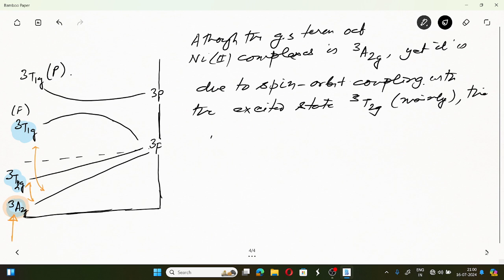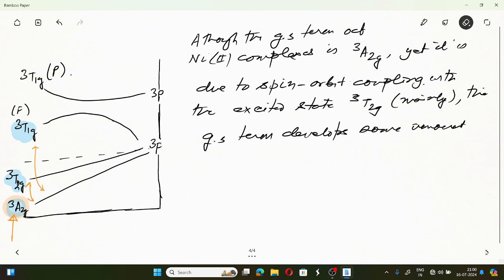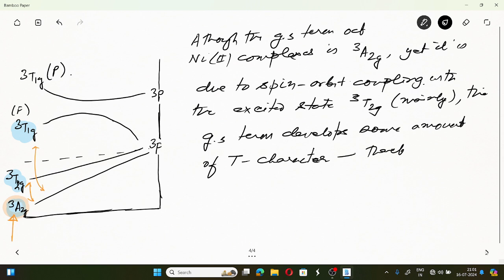The ground state term develops some amount of capital T character, thereby accounting for mu effective greater than mu s.